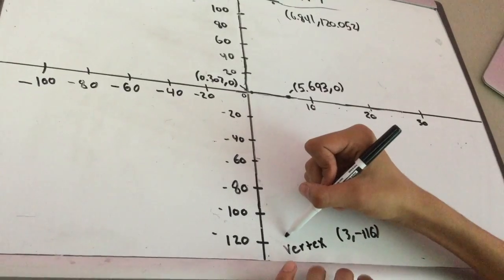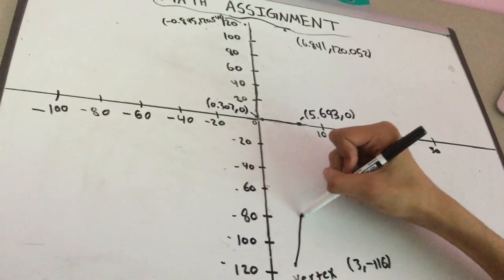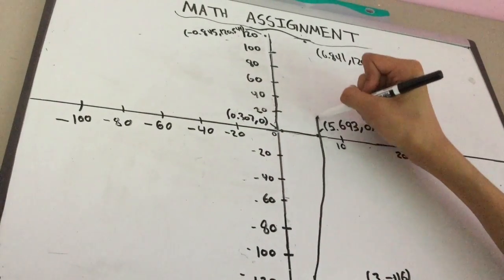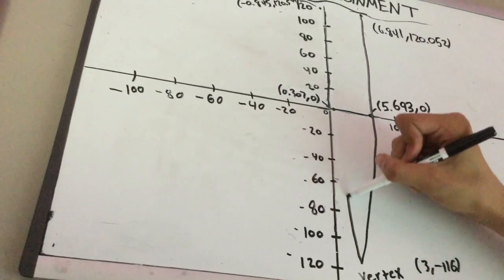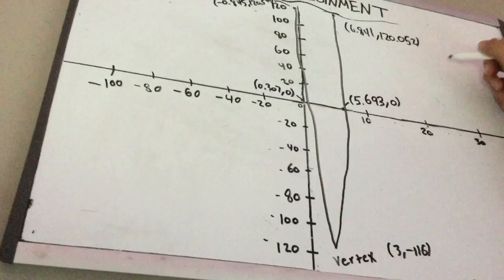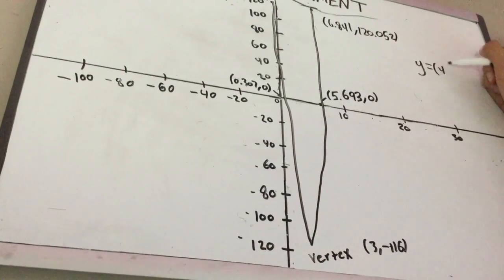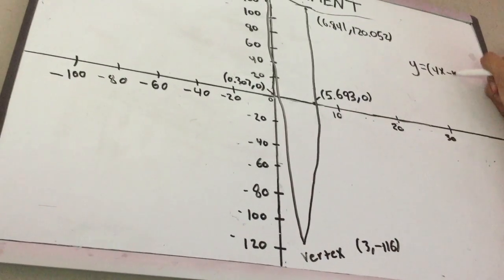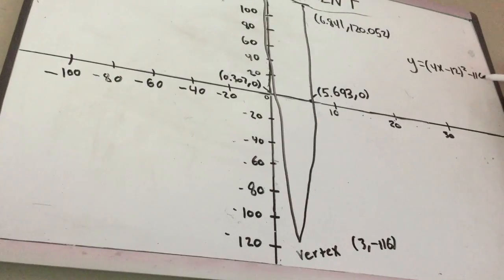And now I'll be graphing this line, which is obviously not that good, and this is for the equation y equals 4x minus 12 squared minus 116.